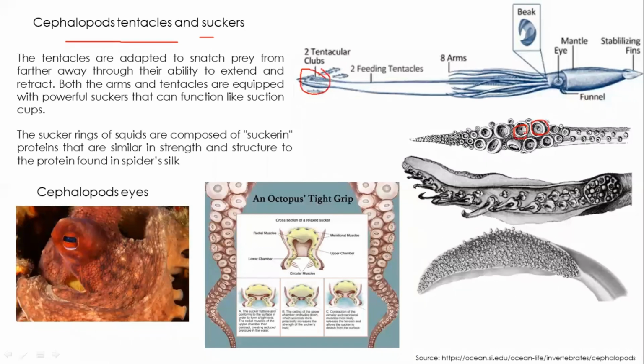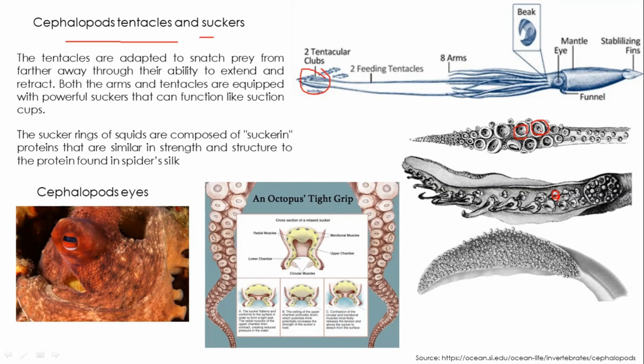These suckers are made up of a protein called suckerin and are very strong. The strength is more or less similar to, or even higher than, that of spider silk, right? So they are very strong suckers, and when they catch prey with them, it creates a kind of suction, and the prey will not be able to move away.